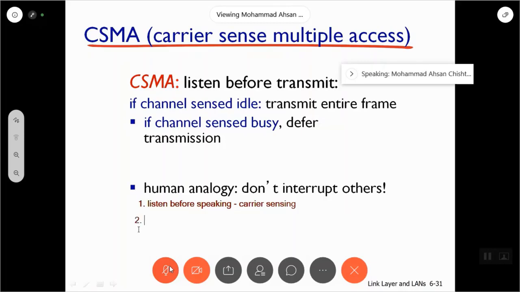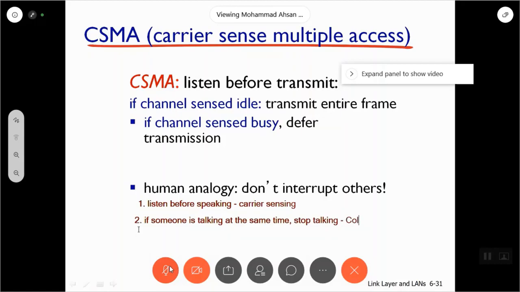The second one that I mentioned just now is, if someone is talking at the same time, so there is sensing, still someone is talking at the same time, stop talking.